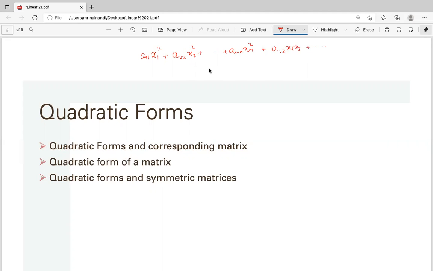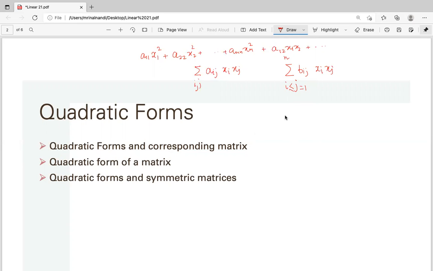So it is actually the sum of aij xi xj, sum over i and j. Or you may write in this form: bij xi xj, i less than j, less than or equal to n.